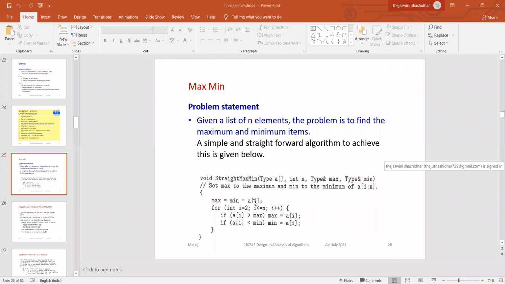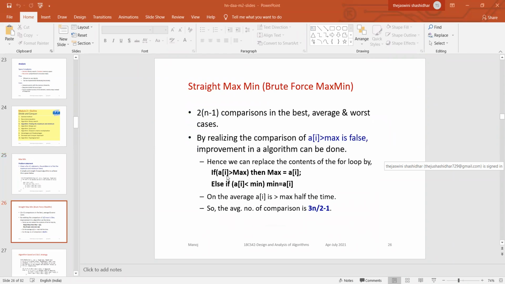So if A[i] is greater than max, what will you do? Max is equal to A[i]. Else if A[i] is less than min, min is equal to A[i]. And A[i] is greater than max most of the time, so the average number of comparisons is 3n/2 minus 1. You leave this, just tell it is 2 into (n minus 1) comparisons.